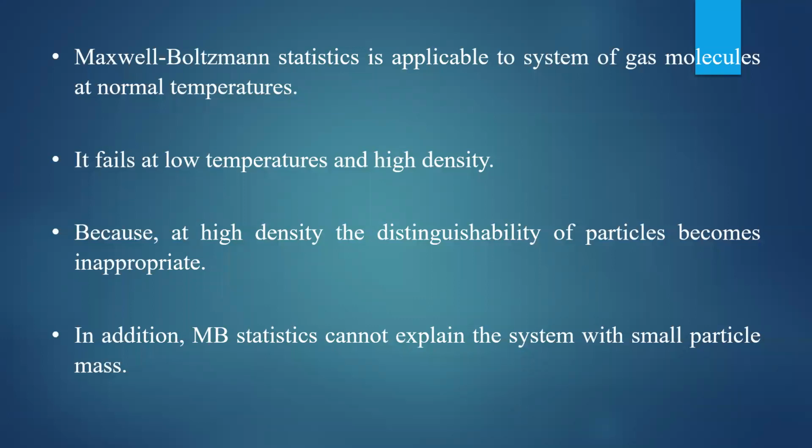If the mass of the particle is very small, the energy of the particle is given by half mv square, so the velocity of the particle should be very large in order to get a certain kinetic energy. A particle of smaller mass will acquire large velocity. So there, Maxwell-Boltzmann statistics cannot be applicable because it takes care of the classical state or classical assumptions.